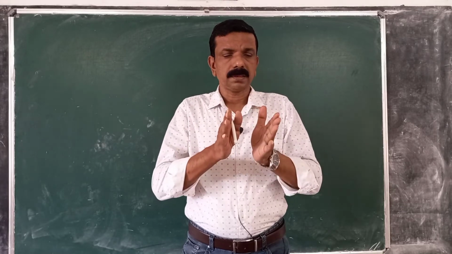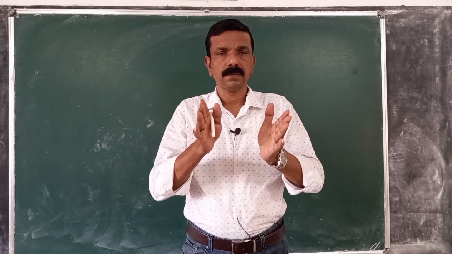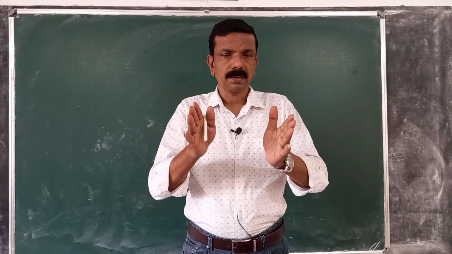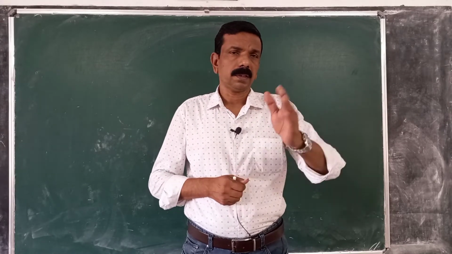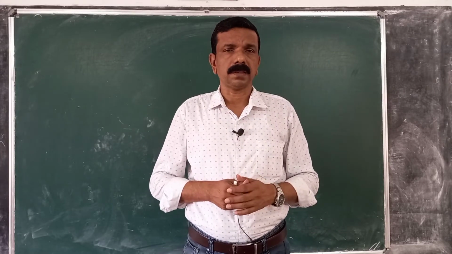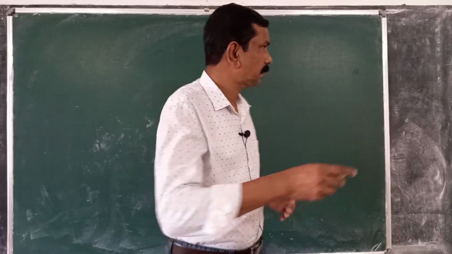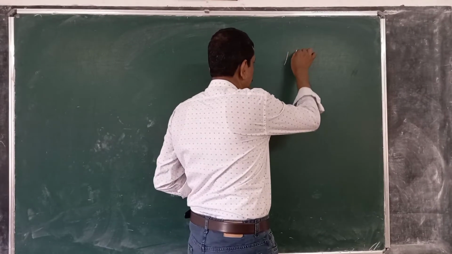The method of keeping the real income constant that we have discussed in the previous classes is known as Hicksian method.